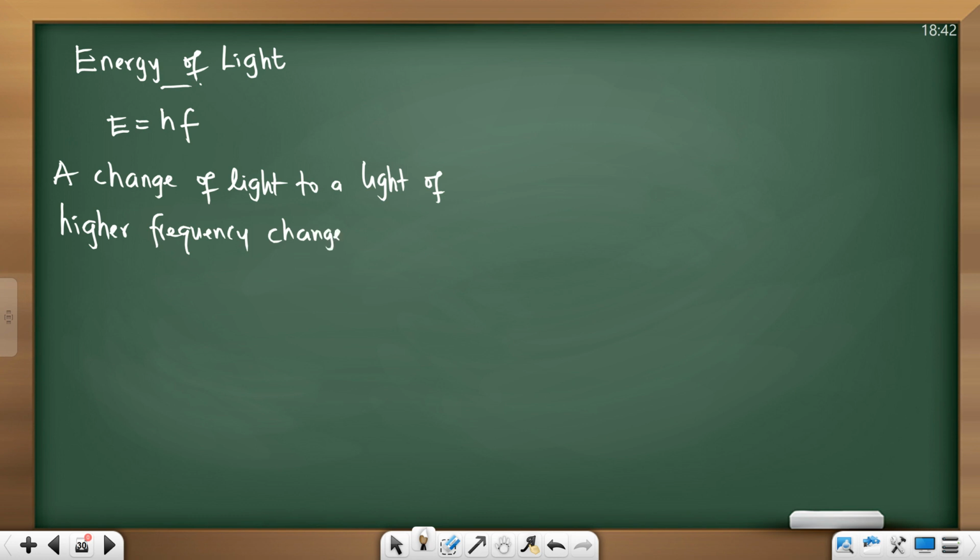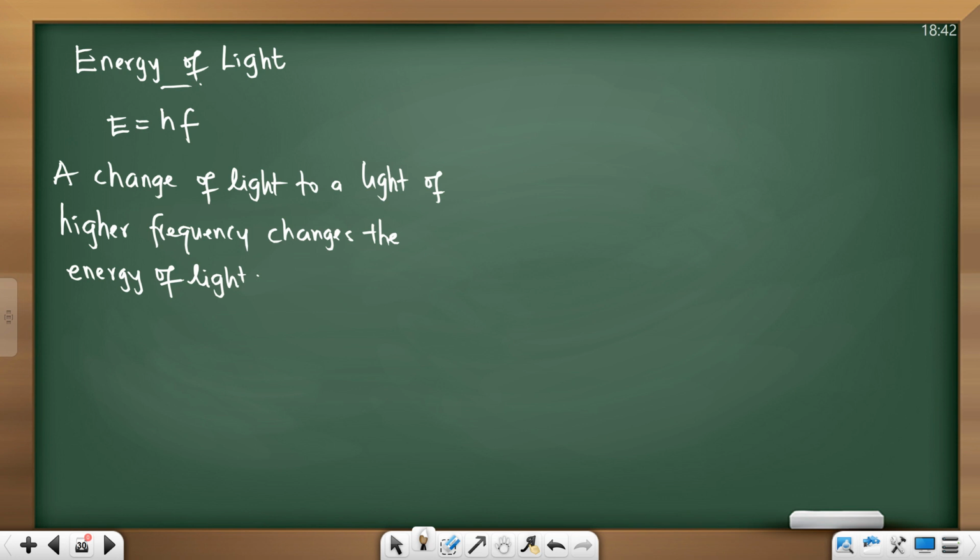Changes the energy of light. So if I want light with a higher energy, what should I do? Use a light of higher what? Frequency.